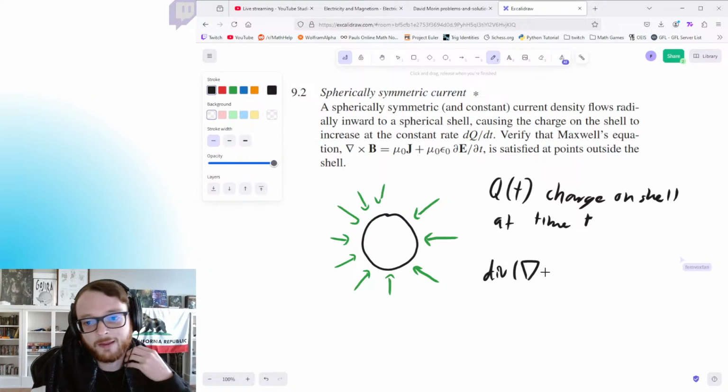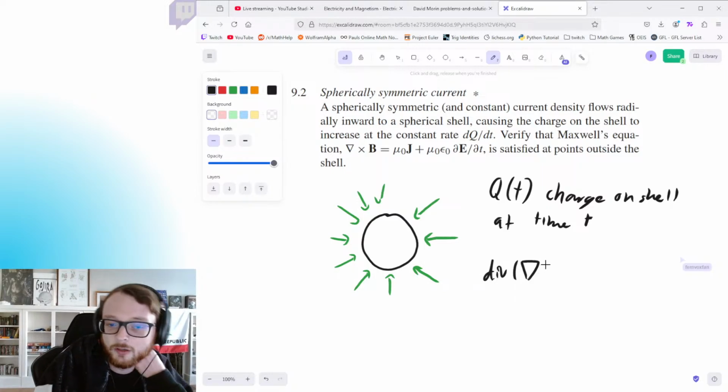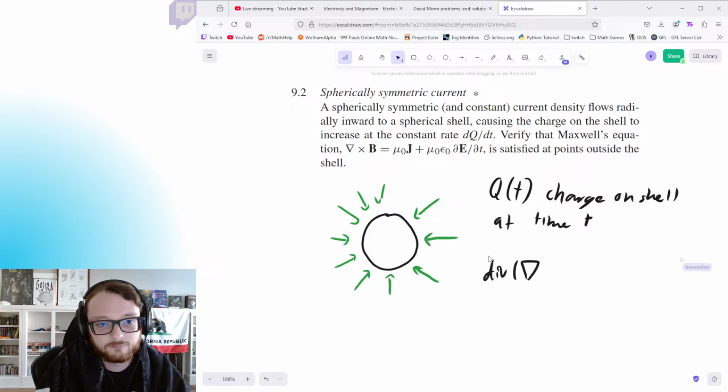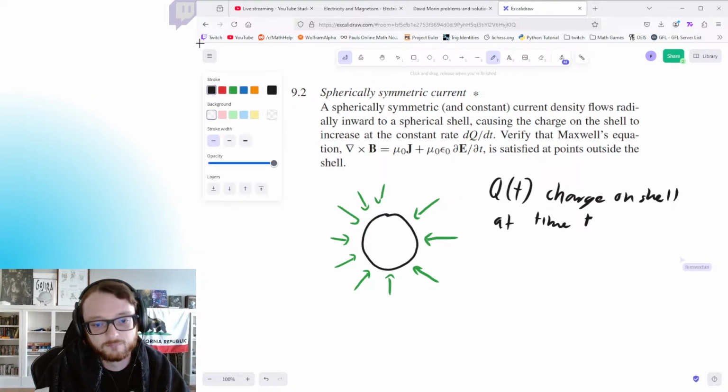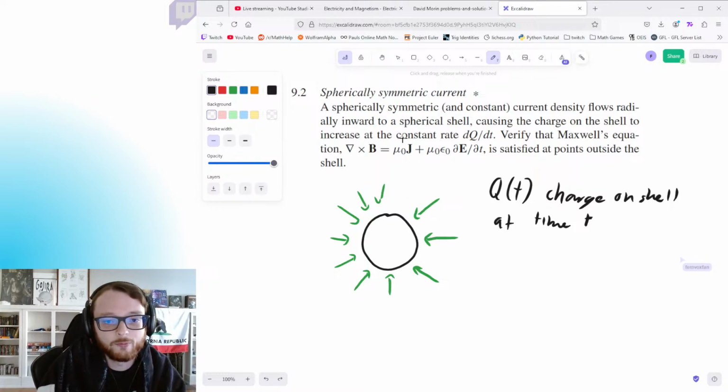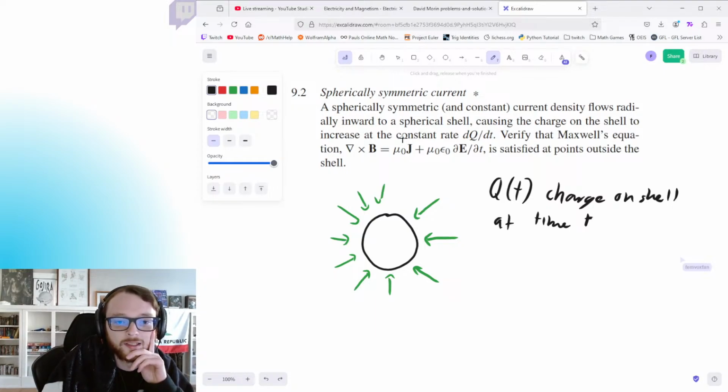Wait, to verify that it's satisfied, it points outside the shell. Well, outside the shell, so for J, maybe we need to draw a window. Oh, sorry, what? I was thinking maybe we can use spherical coordinates.